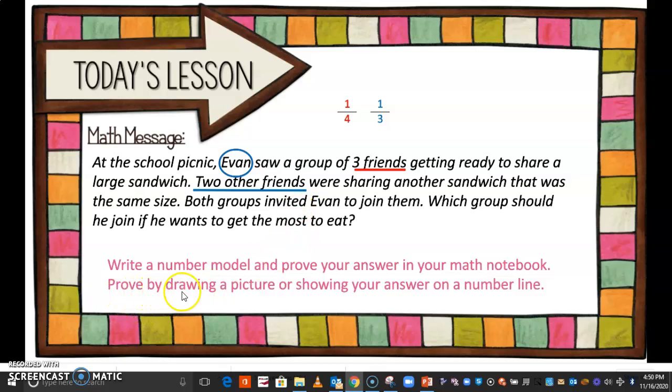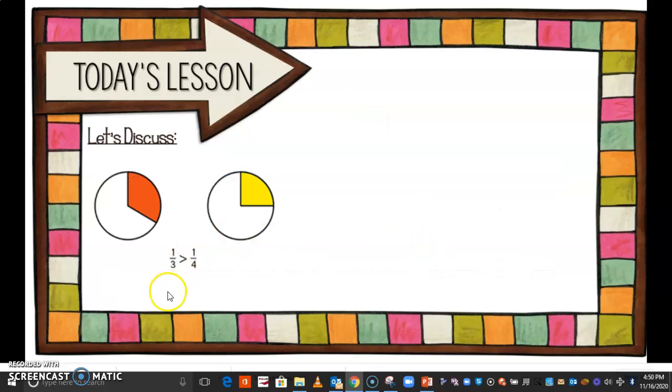Down here it says prove by drawing a picture or showing your answer on a number line. So let's look at what that would look like. Here's your picture. This is the one orange piece out of 3, 1/3, and we have one yellow piece out of the 4, which is 1/4. So you can tell that 1/3 is more than 1/4, so Evan should join the group of 2 friends.